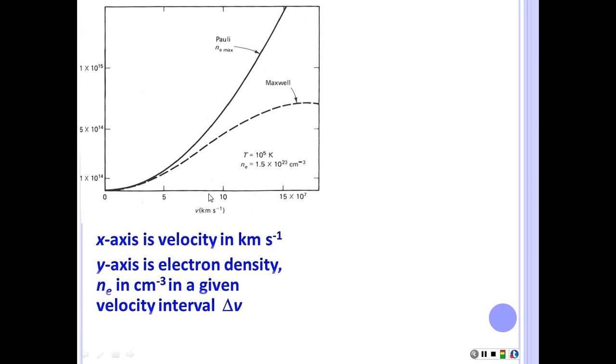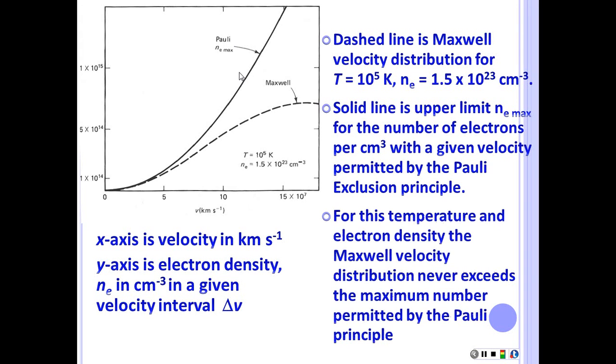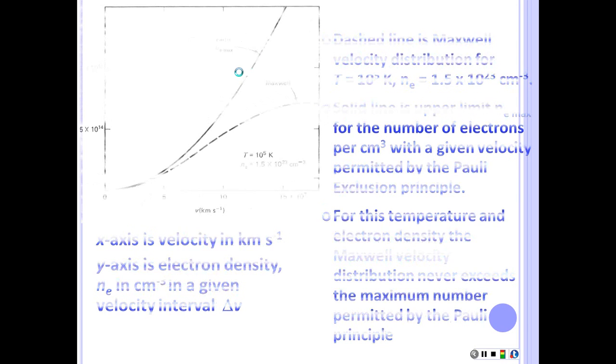This is for a gas that has a temperature of 100,000 Kelvin and an electron number density of 1.5 times 10 to the 23 per centimeter cubed. You can see here that the Maxwellian distribution is close down here, but it's not crossing over the Pauli line, and so it's fine. In this case, you don't have any degeneracy. Everything is permitted, so for this temperature and electron density, we're safe. Everything is permitted by the Pauli exclusion principle.